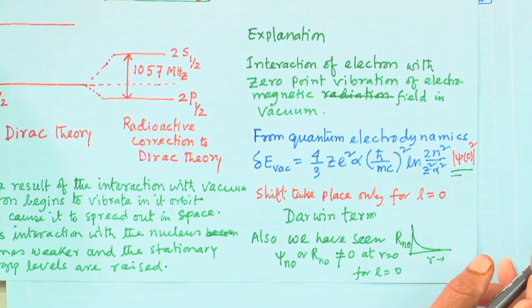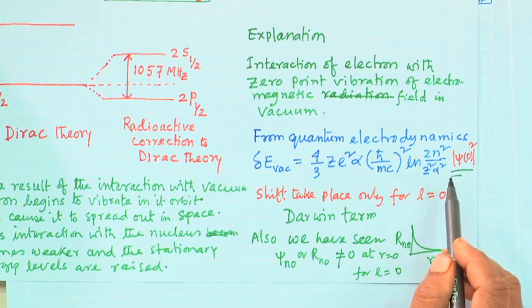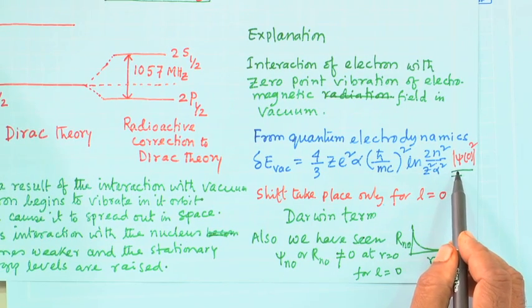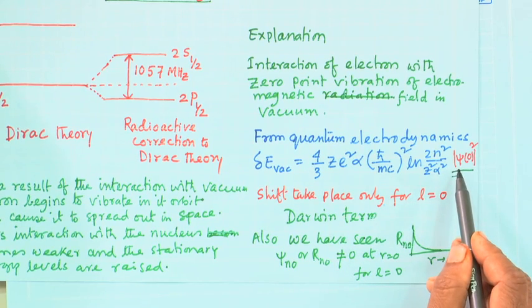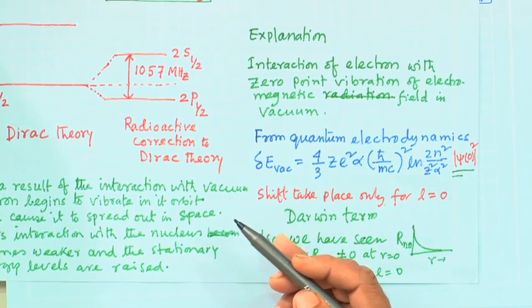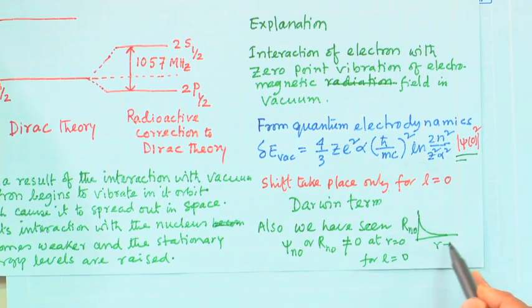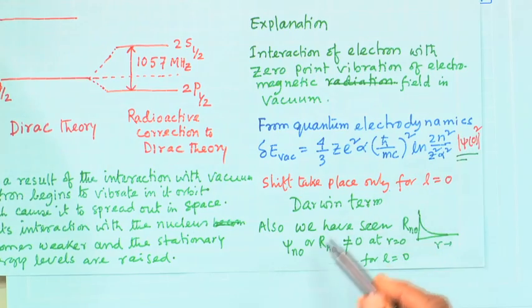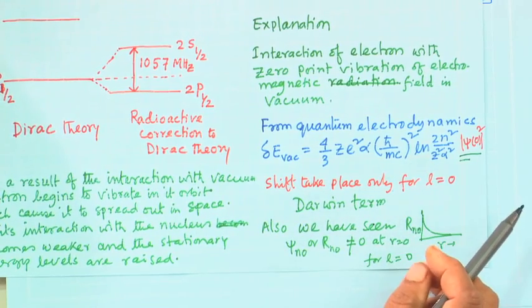As I mentioned, only in the case of r equal to 0 is there the existence of psi, and this existence of psi is only for L equal to 0. That's what I have just shown here. So, this Lamb shift is connected with that one.